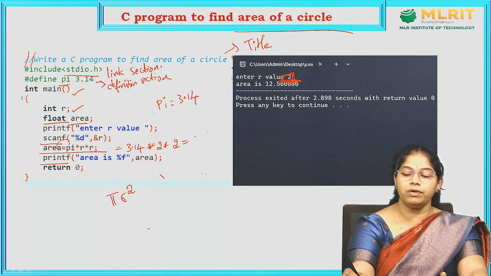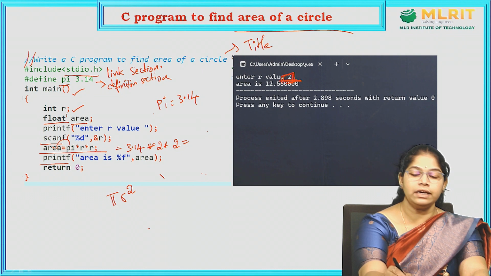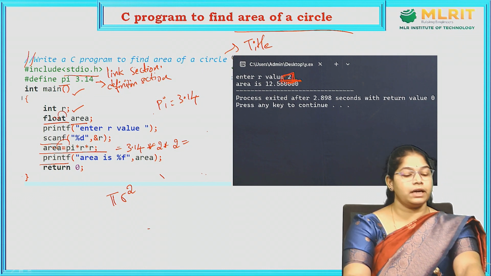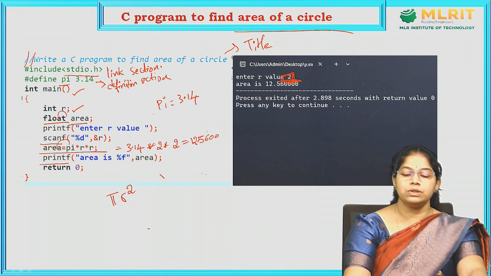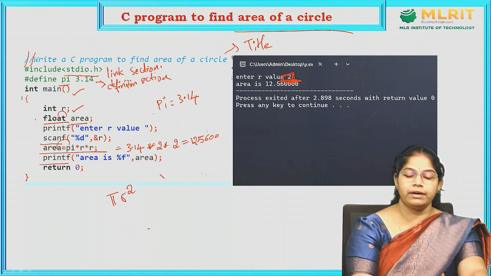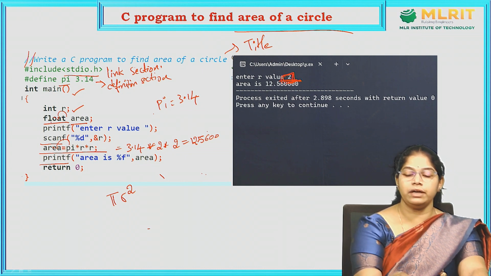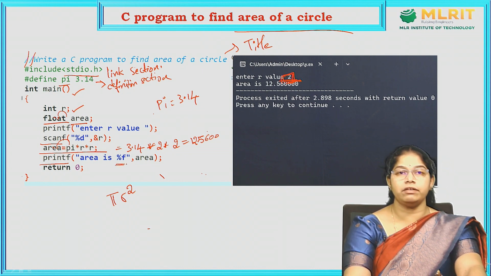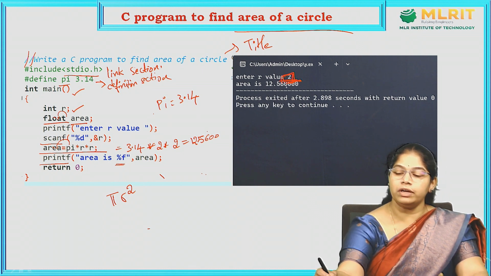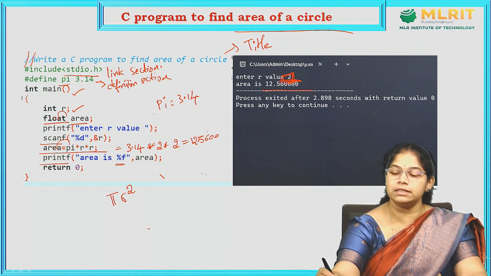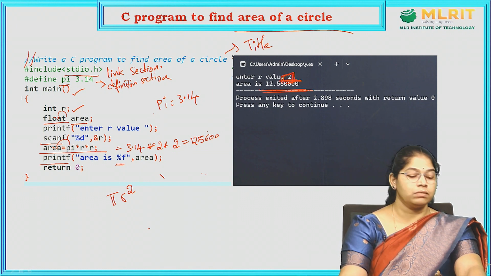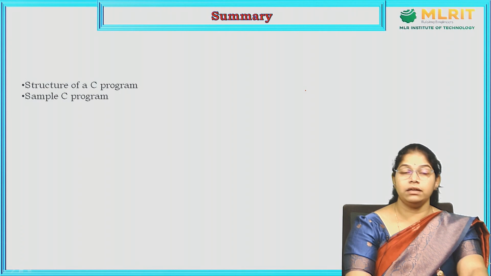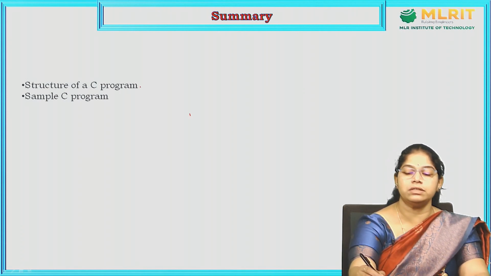Since area is declared as float data type, the area value is 12.56. Then printf area: the format specifier for float is %f, area. If you observe my output in my test case, the area is 12.5600.